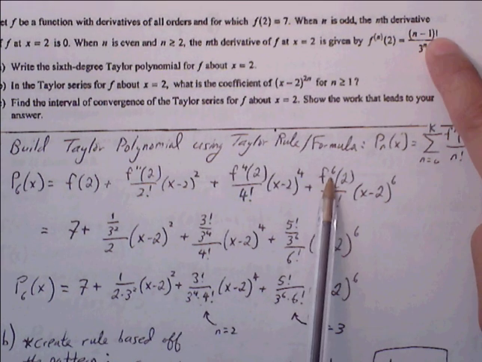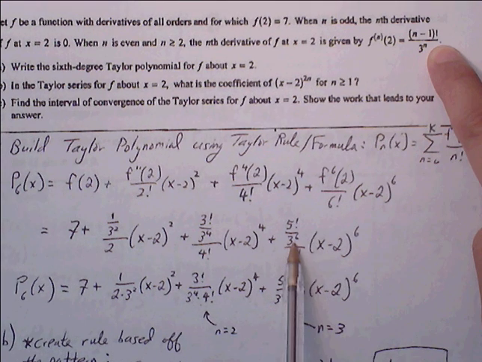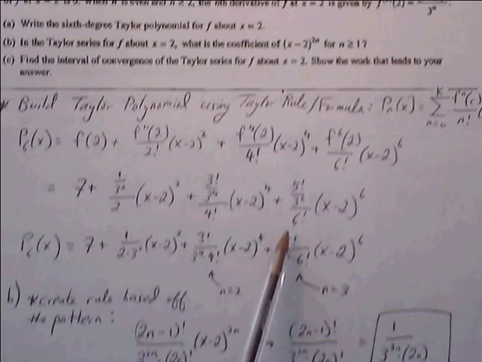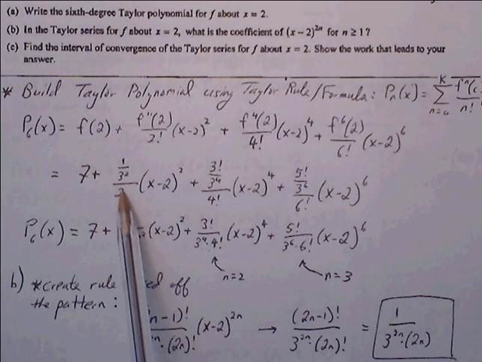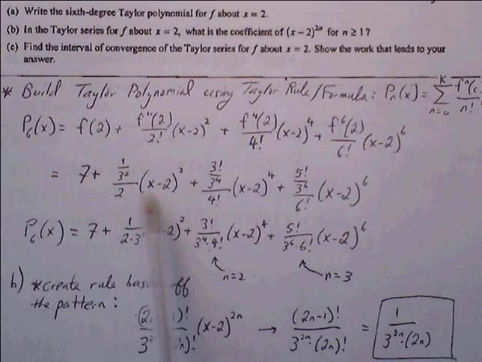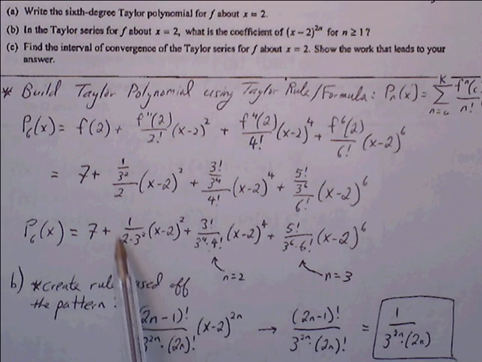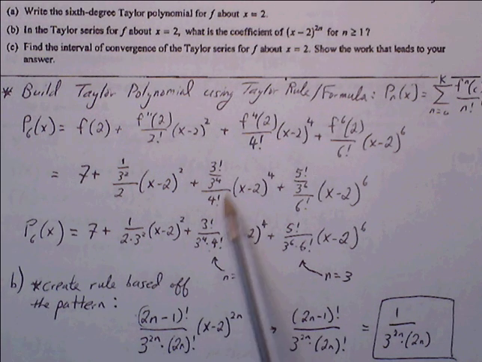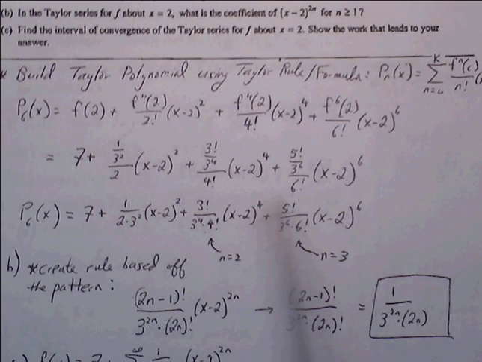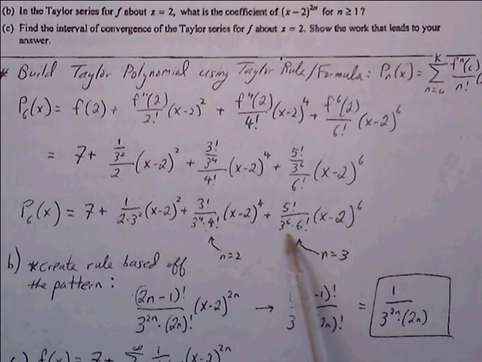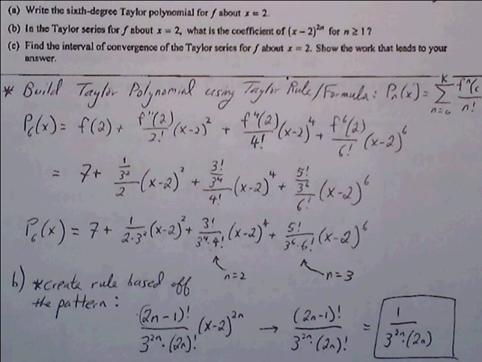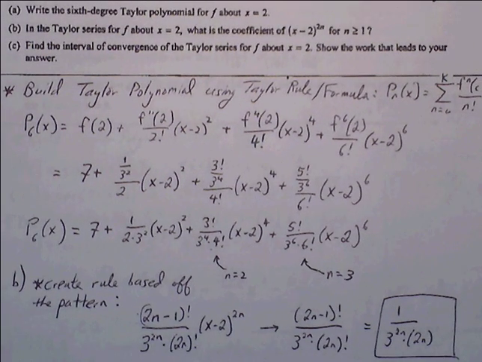And then plug in 6, 6 minus 1 is 5, 5 factorial over 3 to the 6th over 6 factorial. And if we clean this up a little bit more, we get 7, and then this 2 we can bring up and share the same denominator space as a 3 squared, so we get 1 over 2 times 3 squared. The 4 factorial can come up and share the same denominator space there, and the 6 factorial comes up to share the same denominator space.